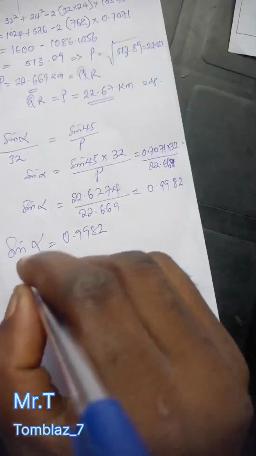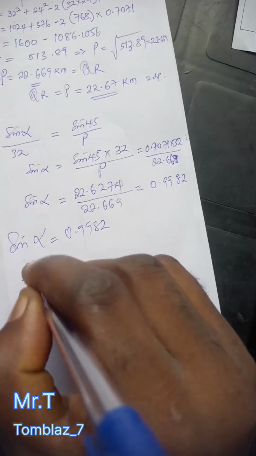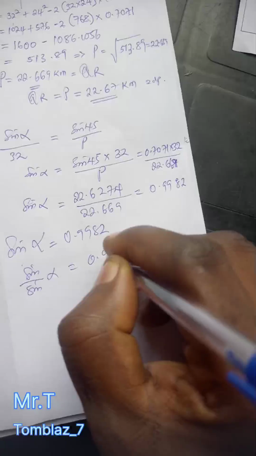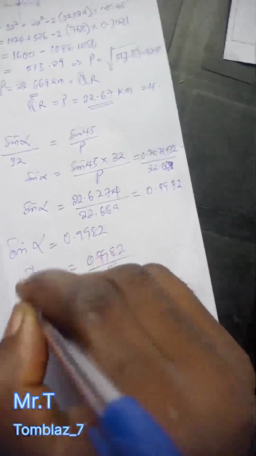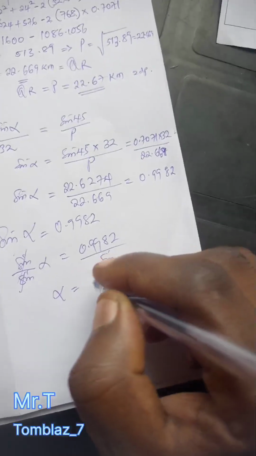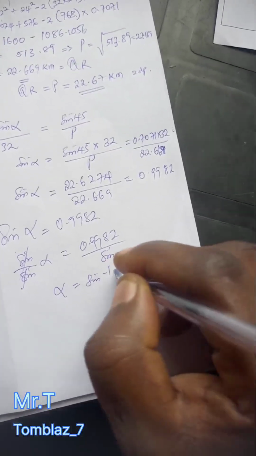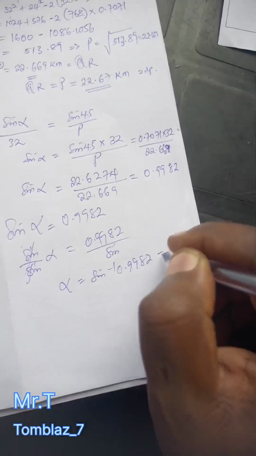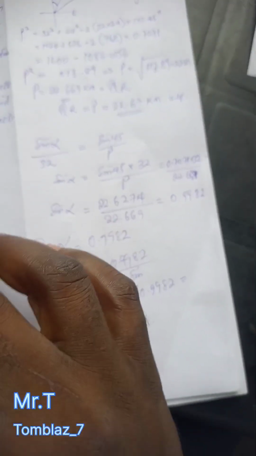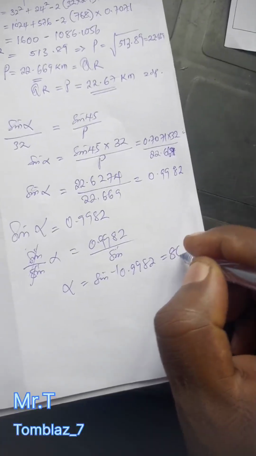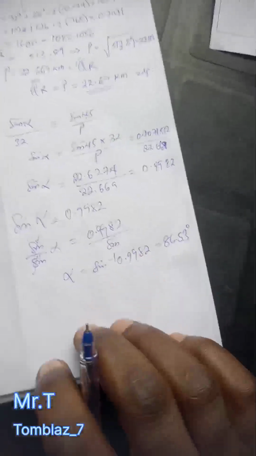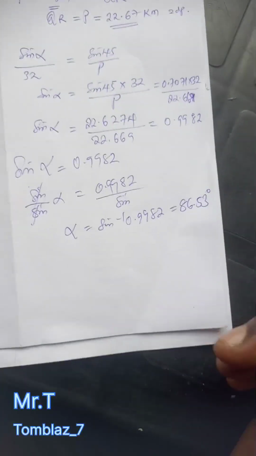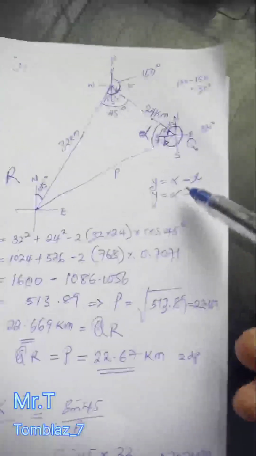If we divide both sides by sine, alpha becomes sine inverse of 0.9982. So let's find the sine inverse of that value. It will give you 86.53 degrees.